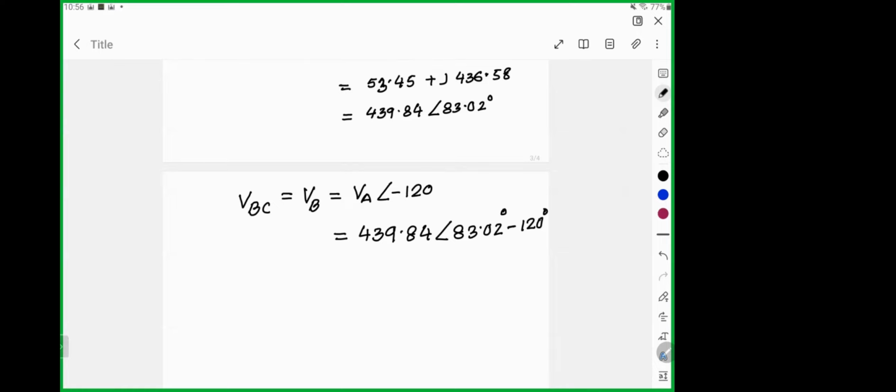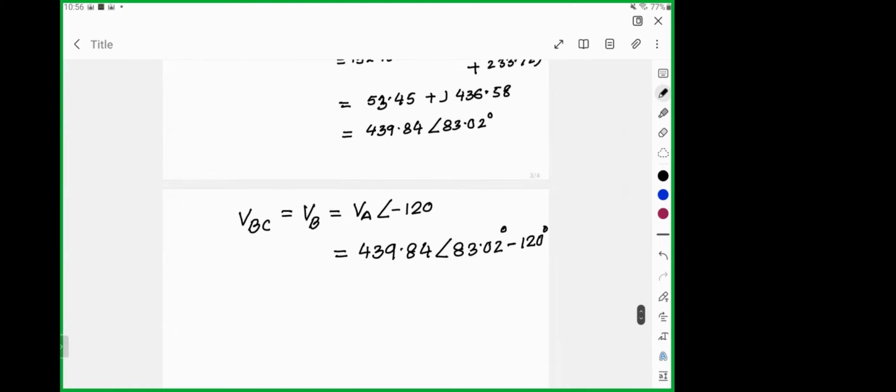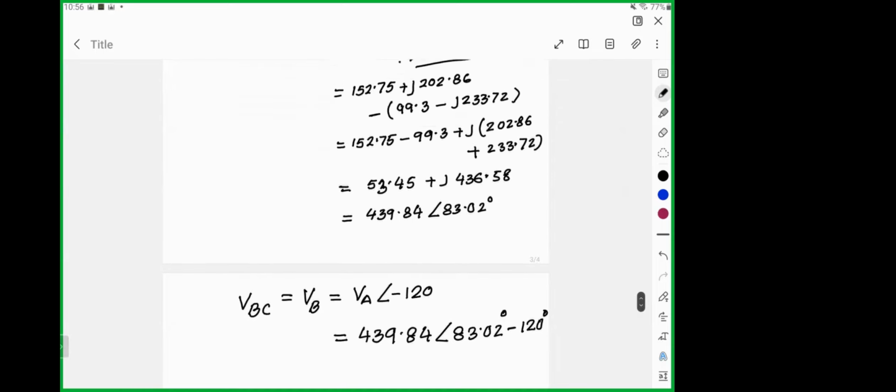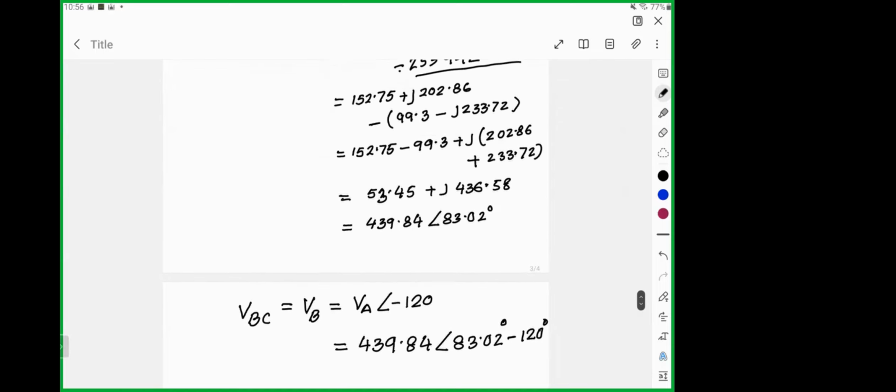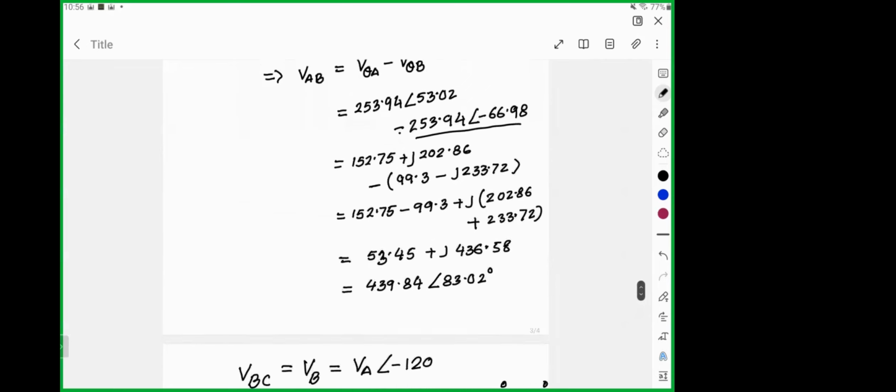Do you understand this one? I just went wrong somewhere. I have not done the calculation.